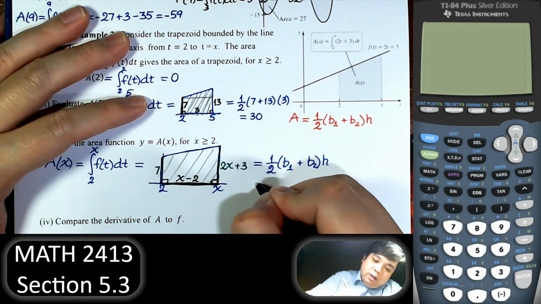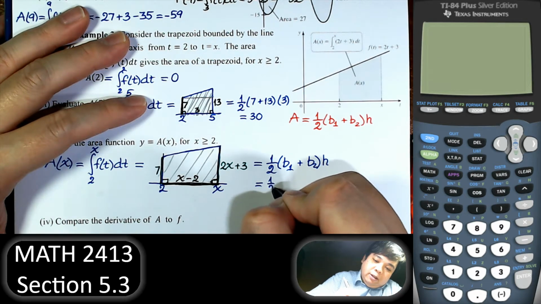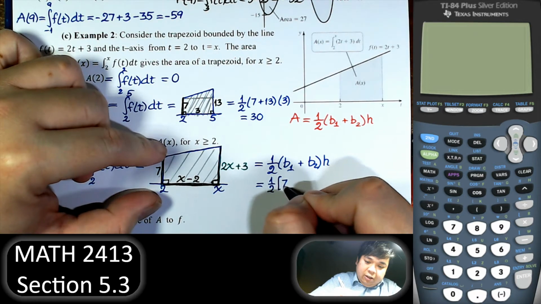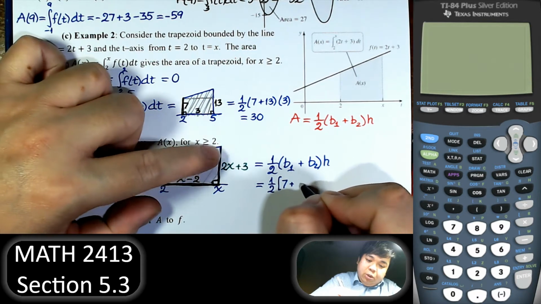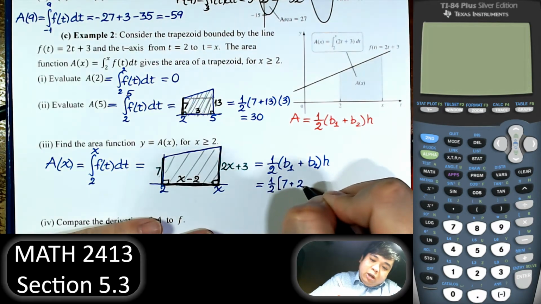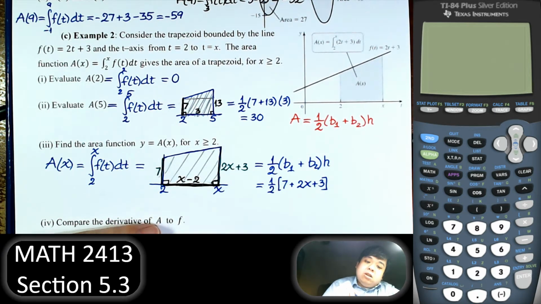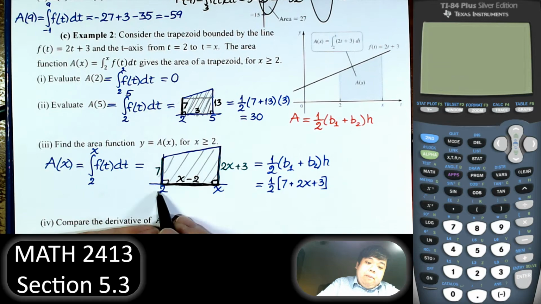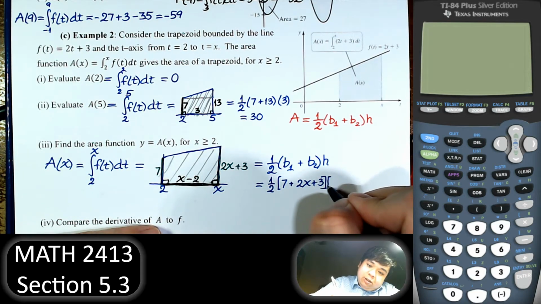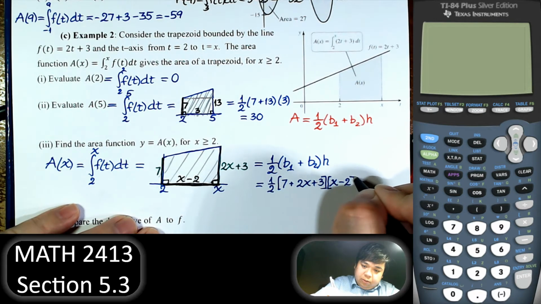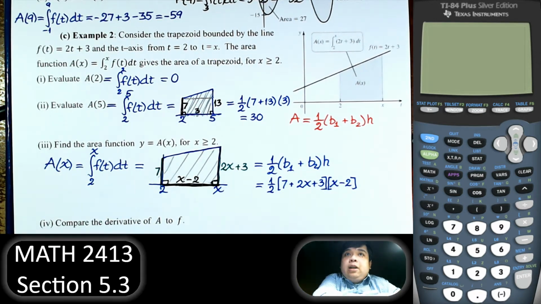Which is 1/2 times base 1, which is 7, plus base 2, 2x plus 3, times the height, x minus 2. Right?